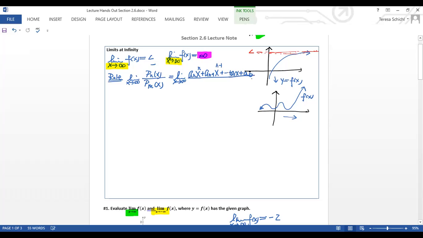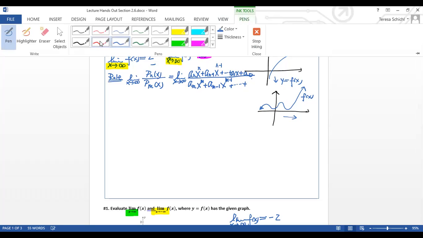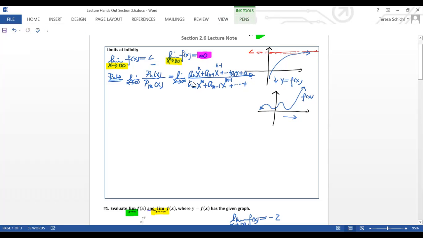The denominator has another polynomial: b_m x^m plus b_(m-1) x^(m-1), and so on, plus b_0. I think it's better to use b instead of a so we don't get confused.